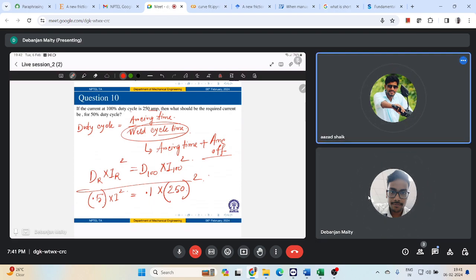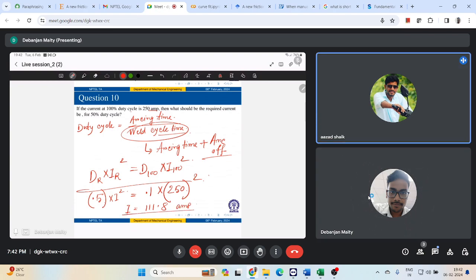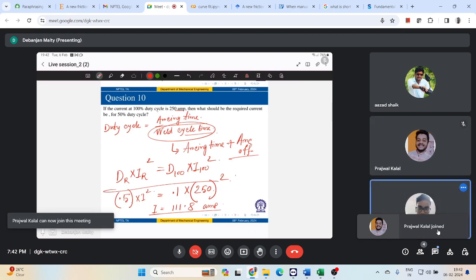So what will be I? 25 into 25 is coming to 6250, times 0.1 gives 3125. I square is 3125, so we need to take the root of 3125.